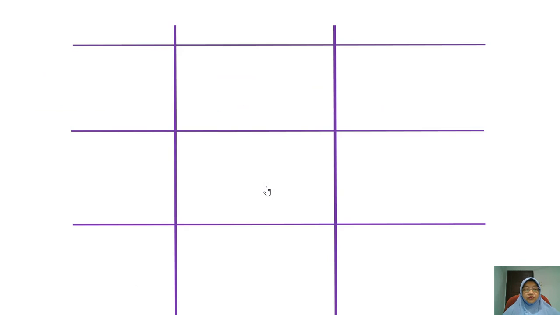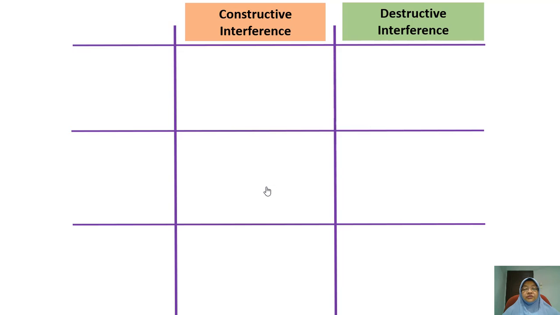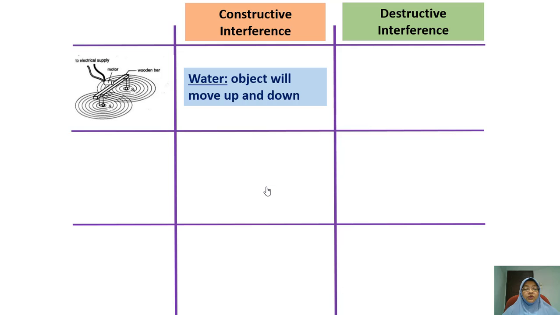So let's look at the conclusion: constructive interference and destructive interference. For water wave, the object will move up and down when it is at the location of constructive interference.